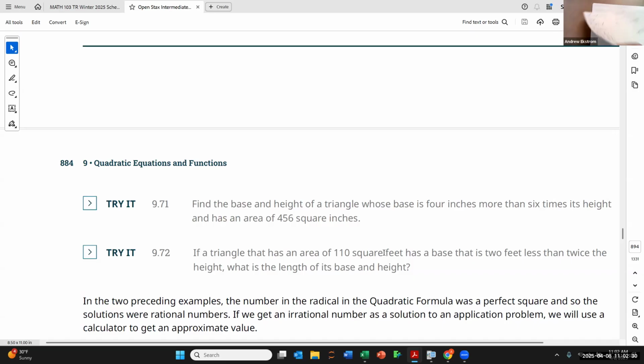Does anyone actually care about trying to figure out the height of a flagpole based on the length of the shadow a flagpole casts and so on? Probably not.